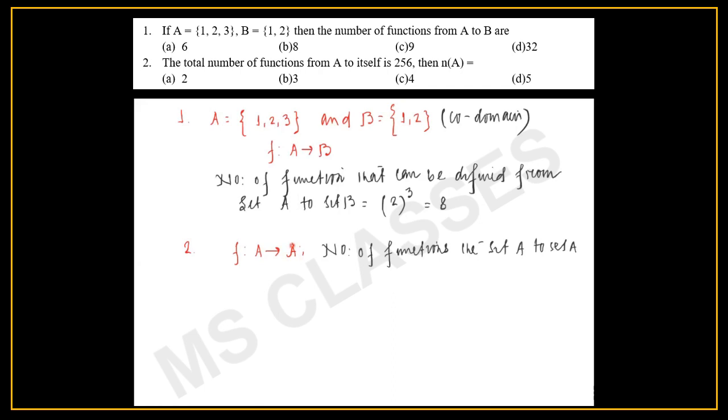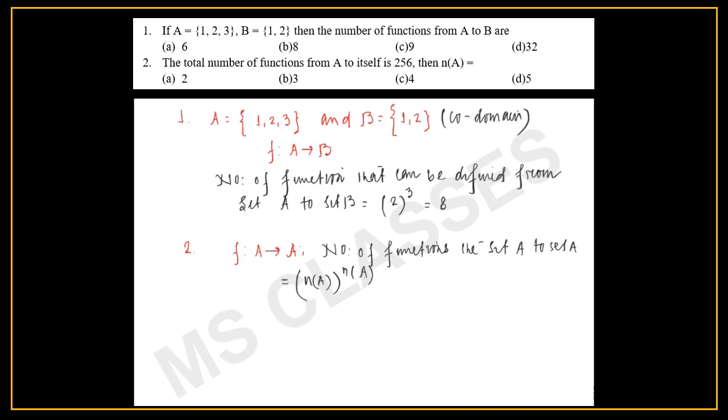Codomain is A. What is the domain? Domain is A. So what can we write here? N to the power of N. This is the same thing. Here, the number of elements in the codomain is N, and the number of elements in the domain is N. So it is N to the power of N.